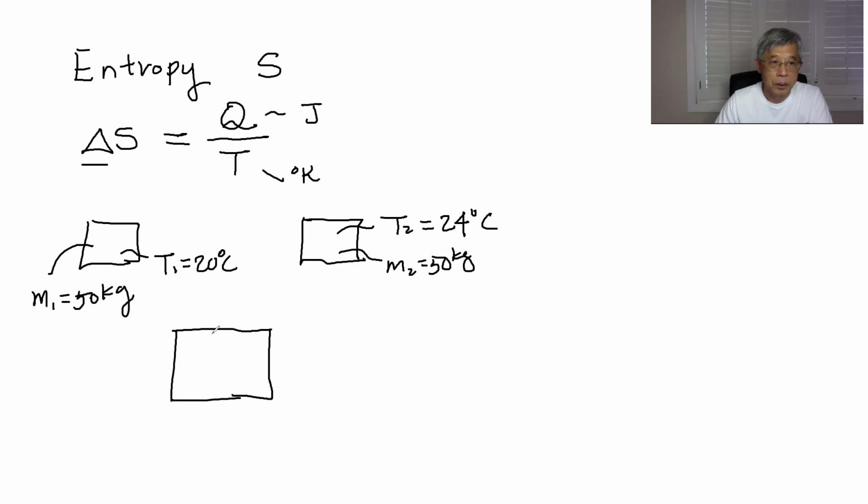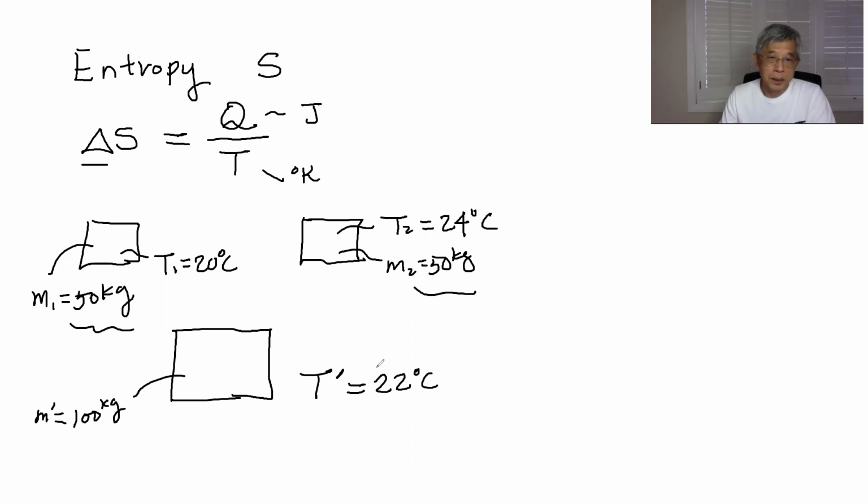As you can tell, this is 50, that's 50, so the final temperature, T prime, is going to be equal to 22 degrees C.